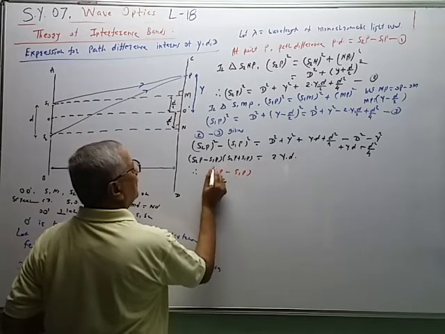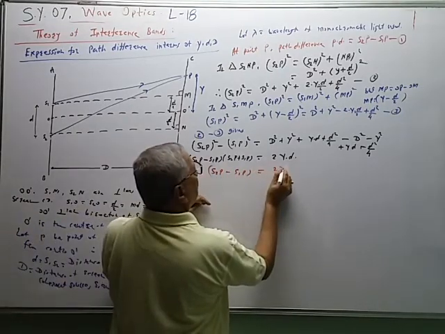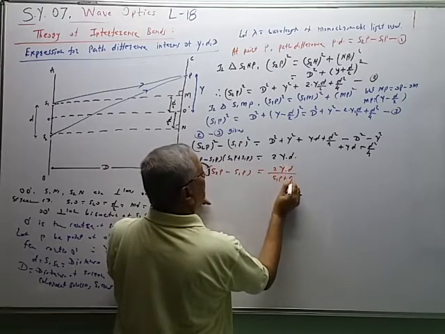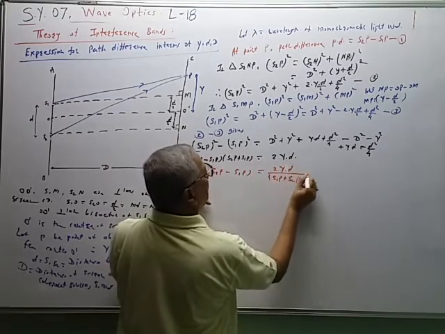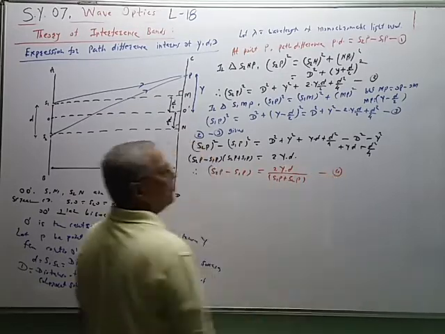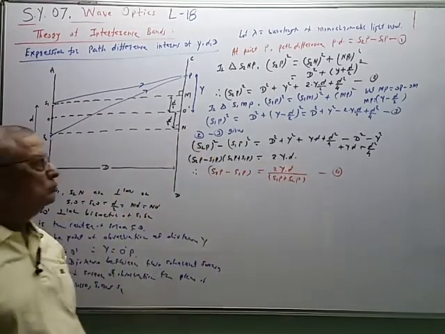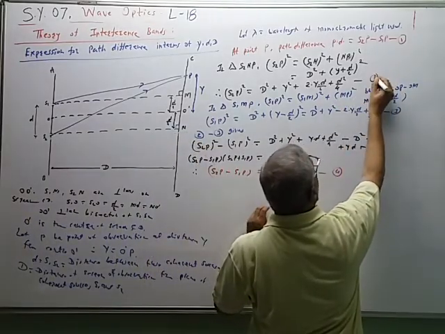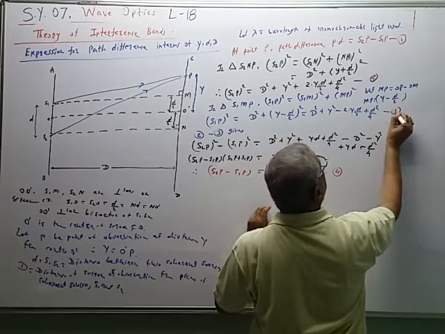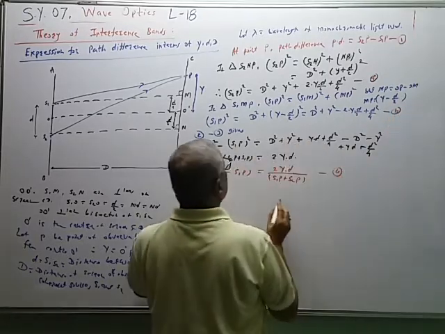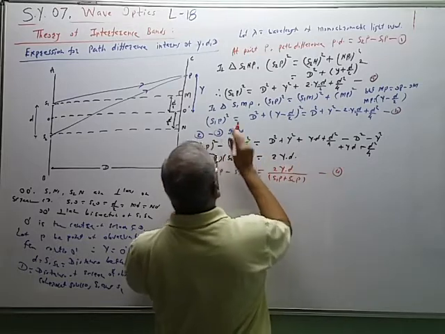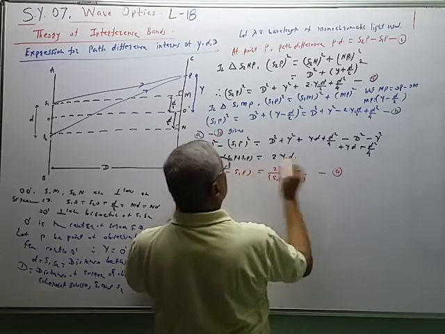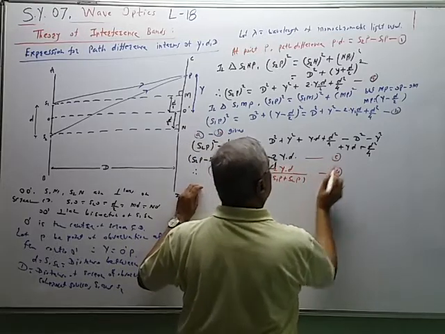S2P minus S1P is equal to 2 times yd upon S1P plus S2P. We have given the numbers like this: this is equation A, this is equation B, and A minus B will resolve this. This is equation C.